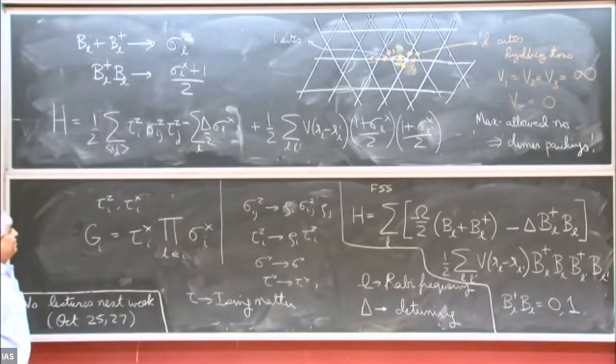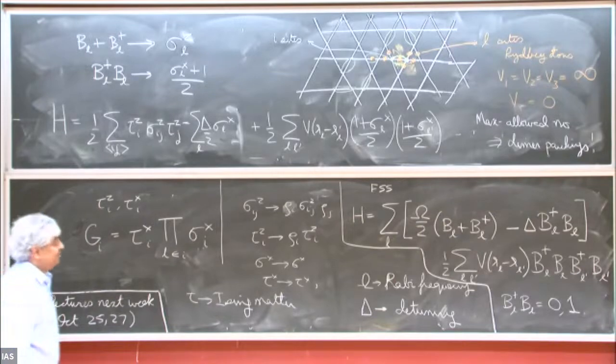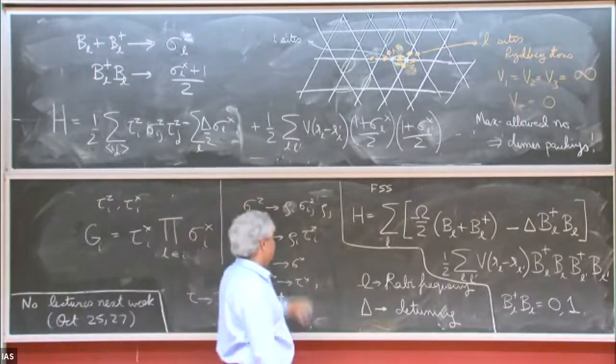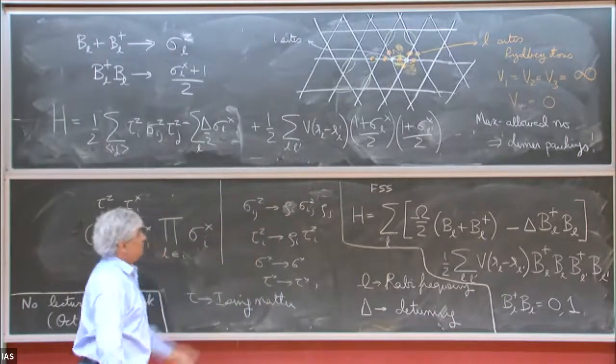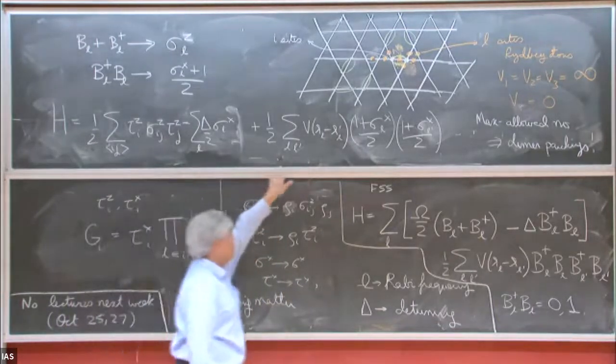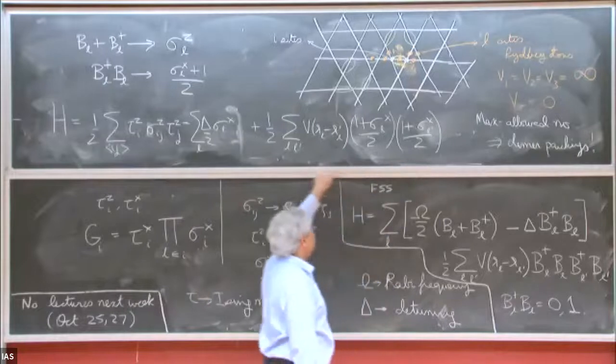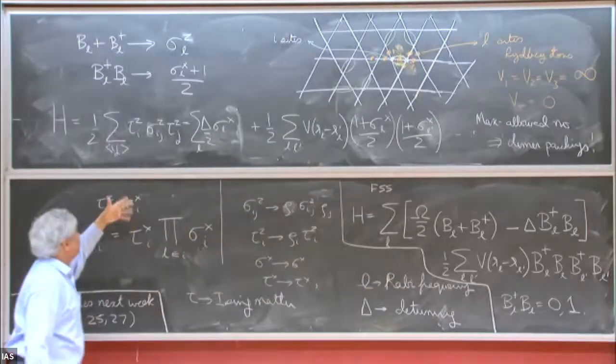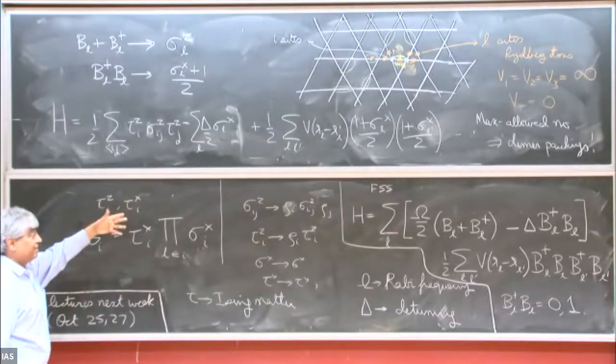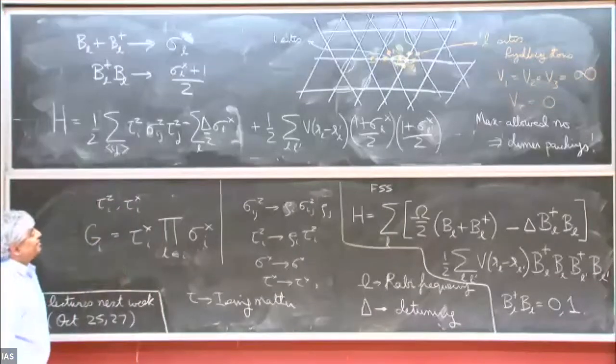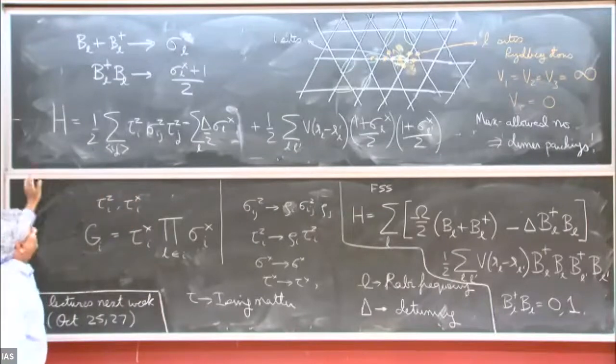And initially you might think this matter field has zero energy and will condense and destroy any Z2 gauge structure. And normally that's what it does, so you never bother to do all this. But when you have these kinetic constraints coming from these terms, you find that effectively every time you create a tau x charge, that costs a lot of energy. And therefore, this is a good way to write the Hamiltonian.